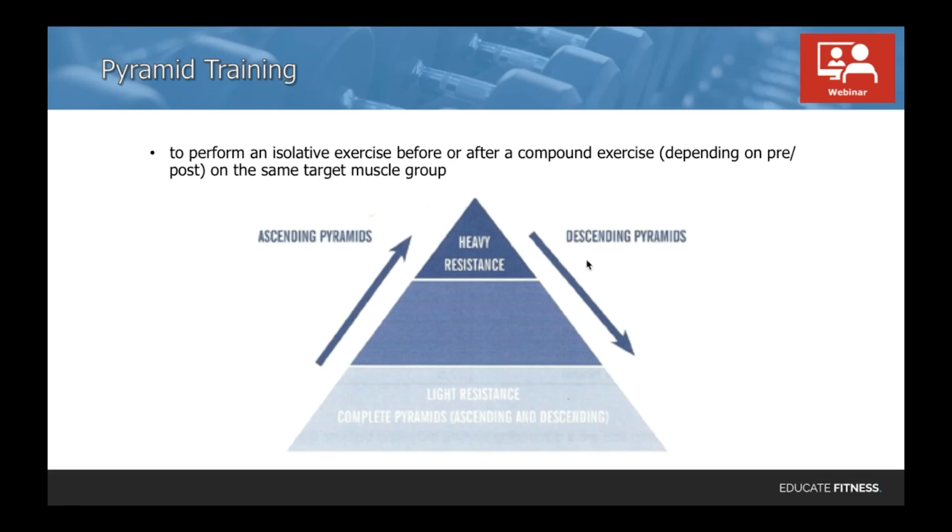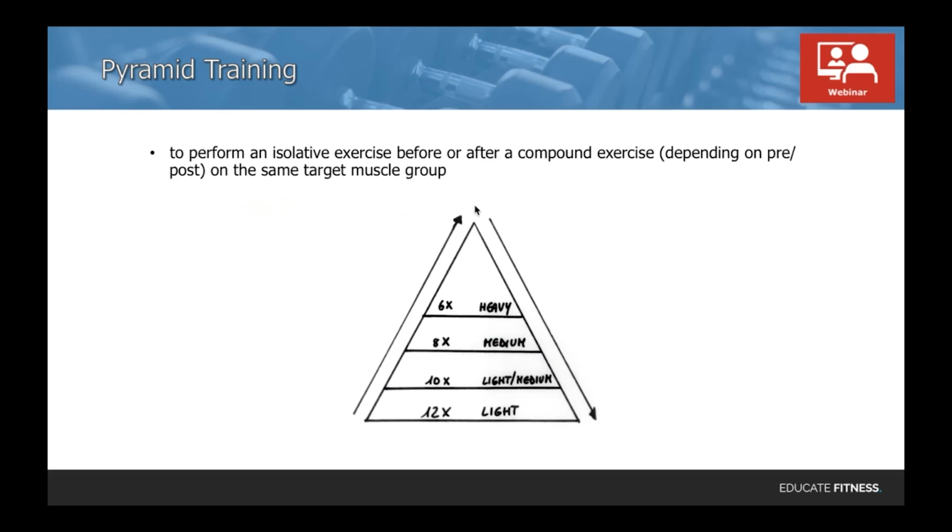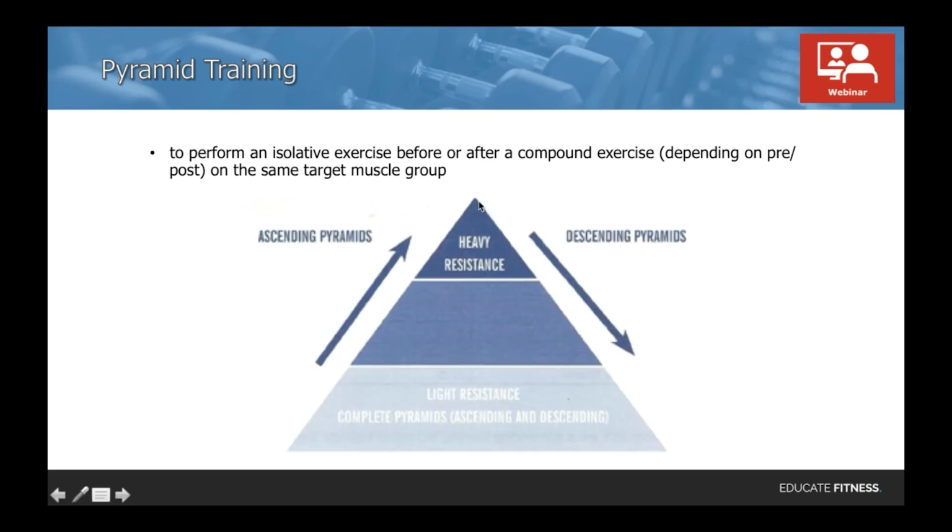So descending pyramids is the opposite. Your first set starts at the heaviest weight you're going to use. So if that's a deadlift, you might be starting with 80 kilos for, again, 6 reps.